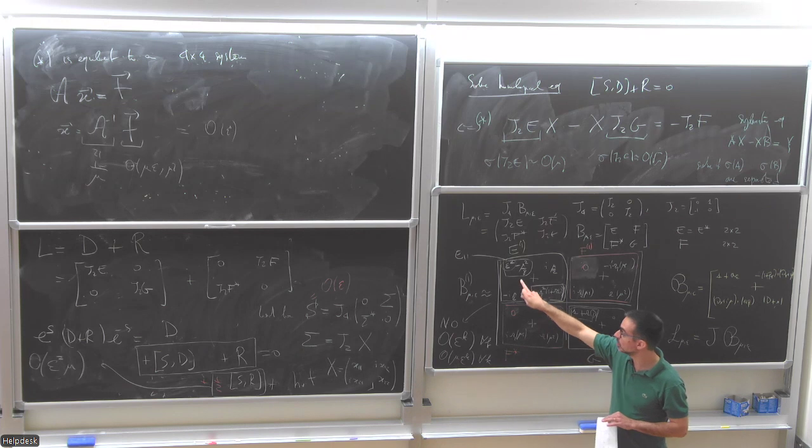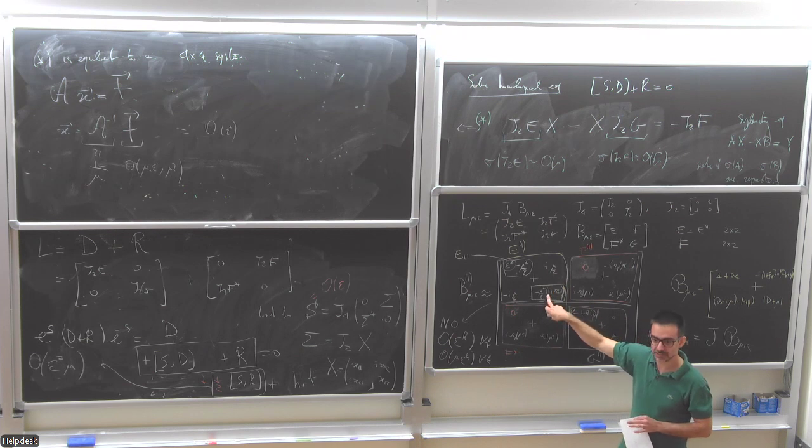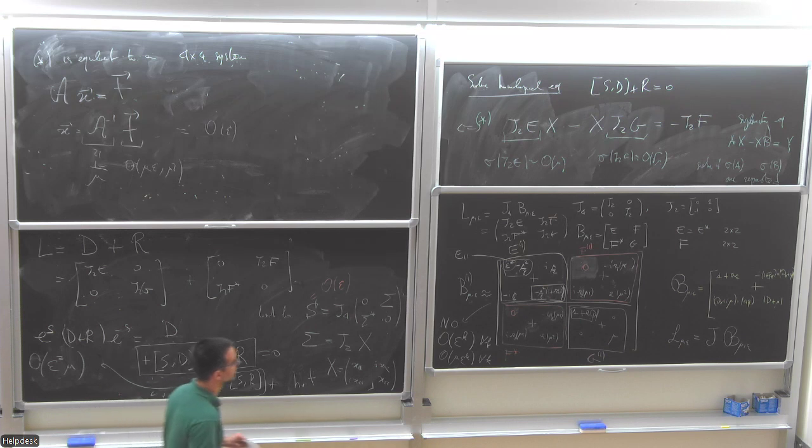There will be corrections of order epsilon squared mu entering here, but it's not a problem because you already propagate the mu, which is a much larger size.